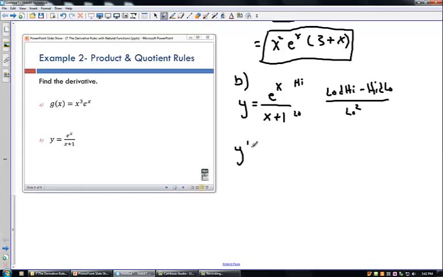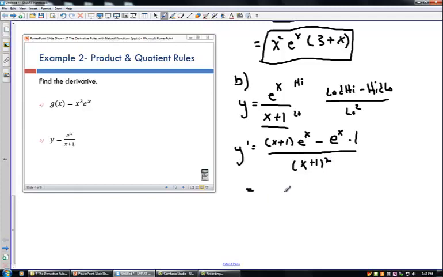So y prime is going to equal low, so x plus 1, d high, so remember, derivative of e to the x is just e to the x, minus the high function, which again is still e to the x. Then d low, now d low is just 1. Right? Remember, your low function is x plus 1, so derivative of x is 1 plus 0, so I just write down 1 here. All over my low squared, so x plus 1, quantity squared.